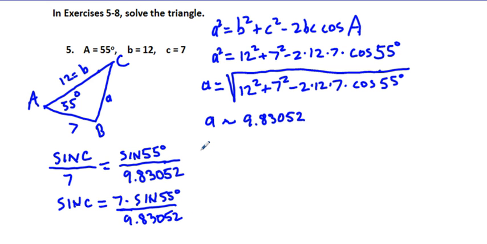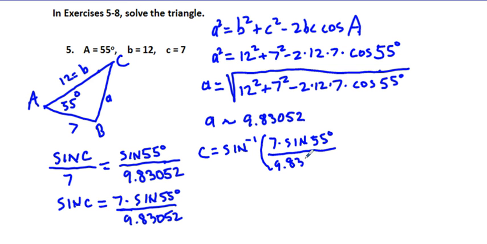So C is equal to inverse sine of 7 sine 55 degrees all over 9.83052.